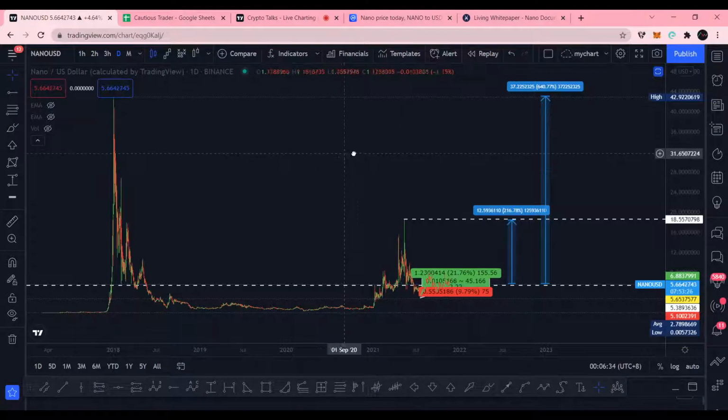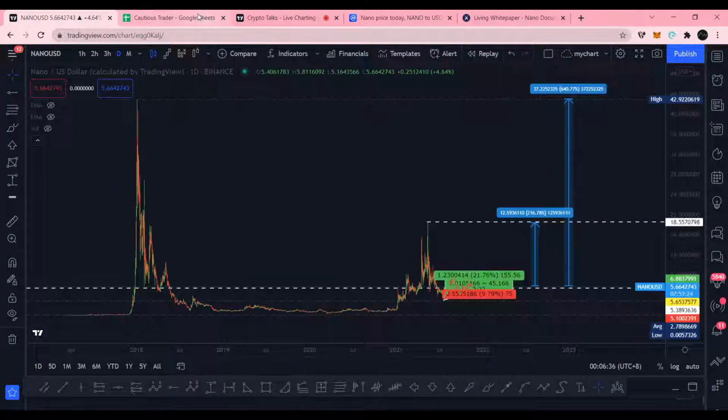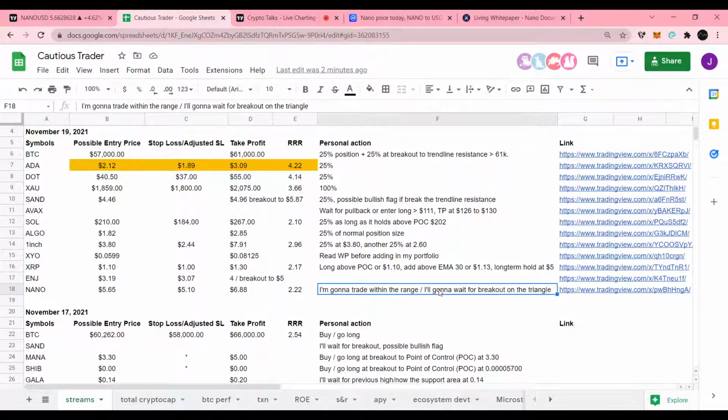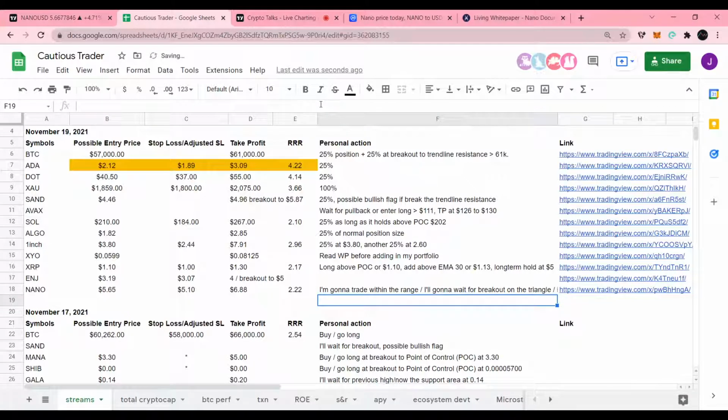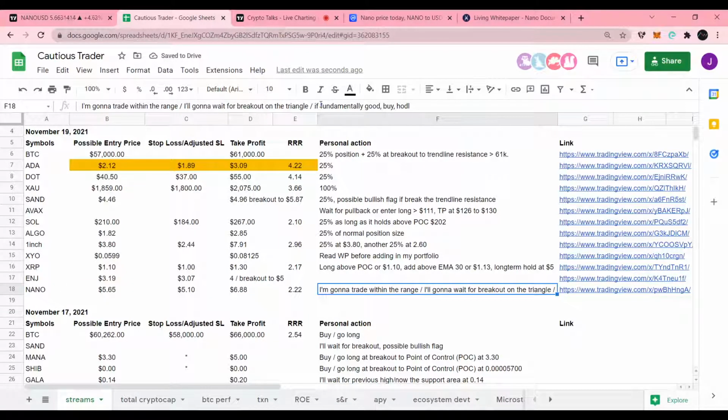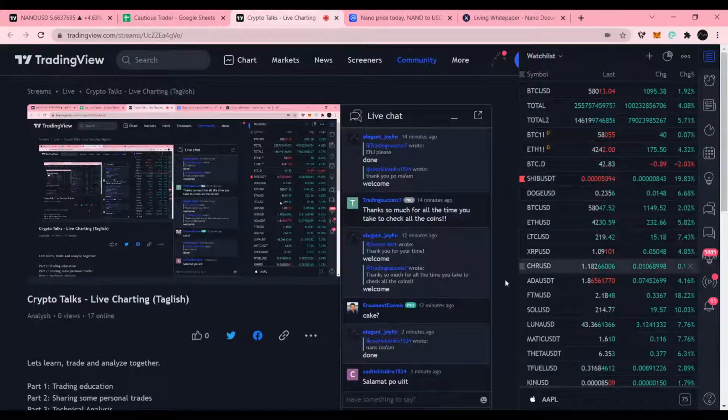So it really depends on how you plan to trade it. I'll wait for the breakout, or if it's fundamentally good, then buy and hold, and possibly stake if I can stake this one, since it has no perpetual. That's how I trade.